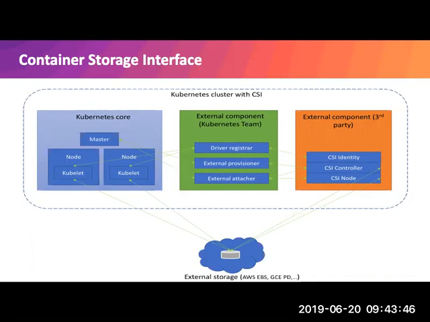Then the middle one is the external component, which contains helper containers that help you in provisioning the volume and attaching the volume. It means there is some help provided by the container orchestrator for you. So now your plugins become thin.